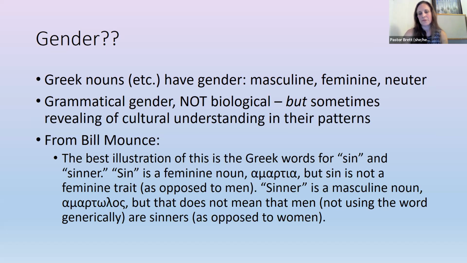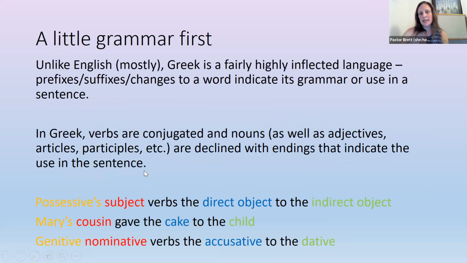So I'm going to keep going, but if you have questions, there will be lots of time for that. So a little more grammar first to get into some really meaningful, I hope, kind of why it matters by the end of our session tonight.